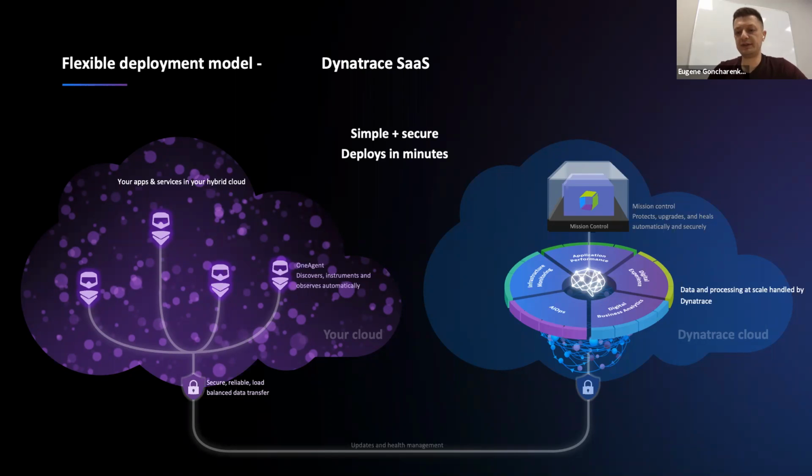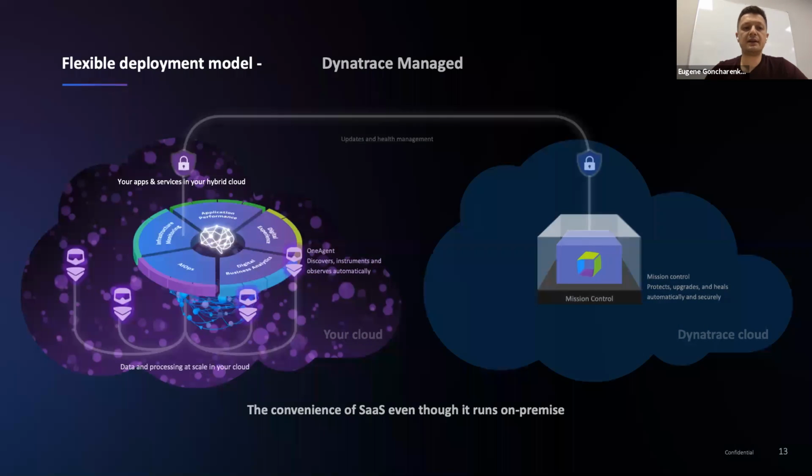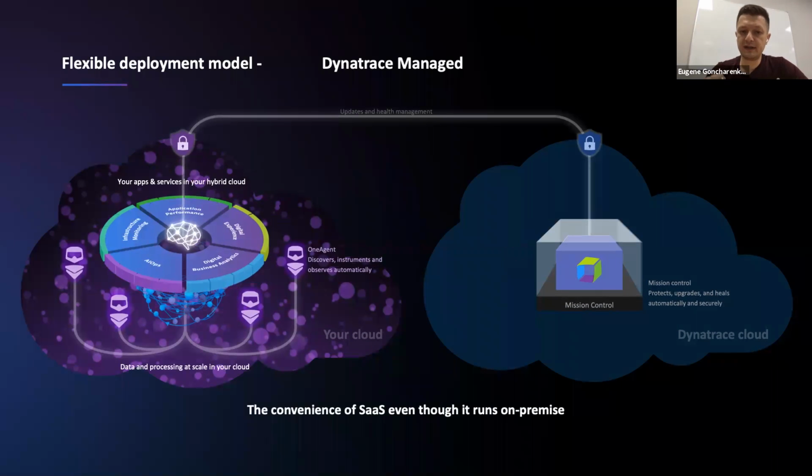You can roll it out in minutes, literally in minutes. Then if there is no possibility to use the SaaS option, Dynatrace Managed is the way to use Dynatrace, when the whole Dynatrace server is located on your premises together with agents, and all the analysis and all the data stays in your data center.